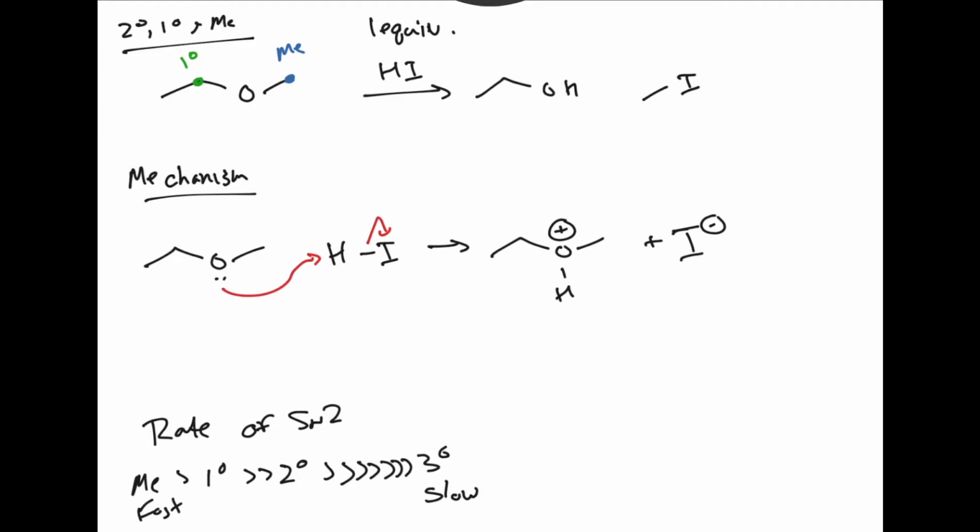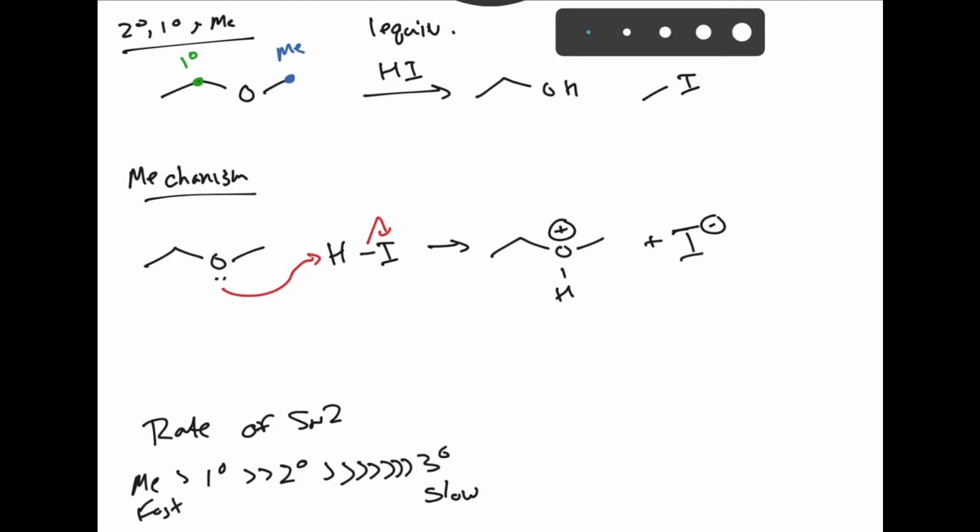So this iodide is looking at our protonated ether that we've drawn, and it's like, all right, which one of these carbons is easiest for me to attack? Which one's easiest to get to? The methyl one has less substituents, so the methyl one is going to be easier for me to attack.